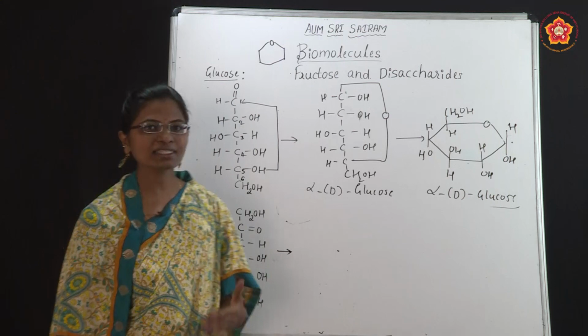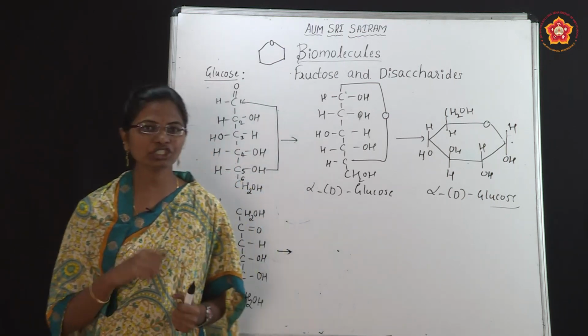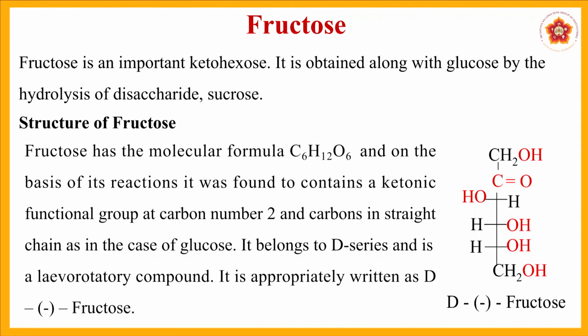Now in this class we will discuss the structure of fructose. Fructose is an important ketohexose. Ketohexose means it has a ketone as its functional group. It is obtained along with glucose by the hydrolysis of the disaccharide sucrose.